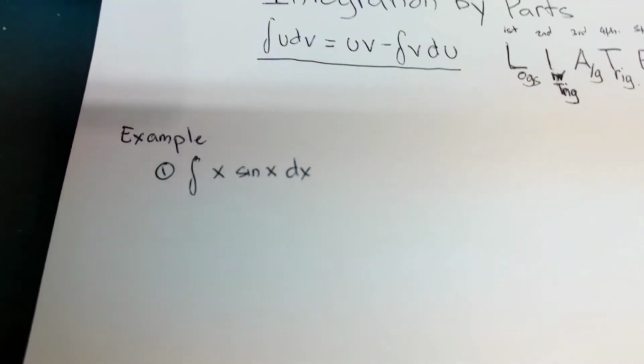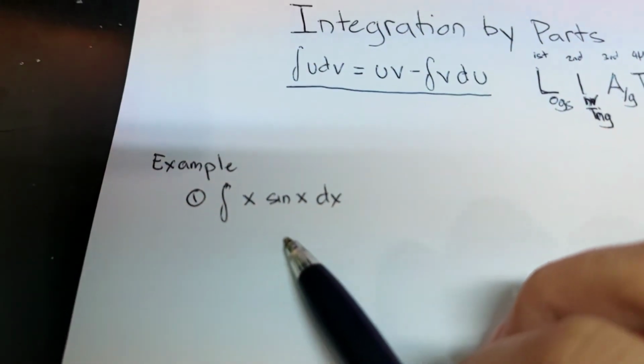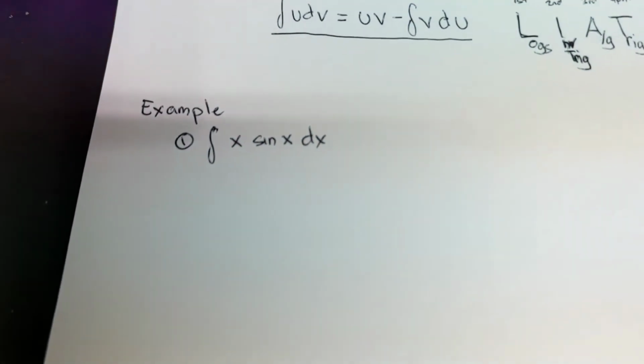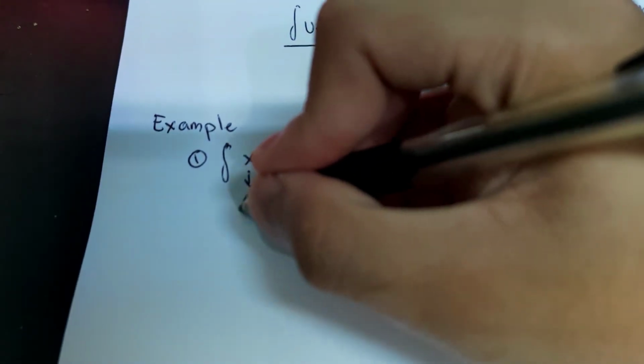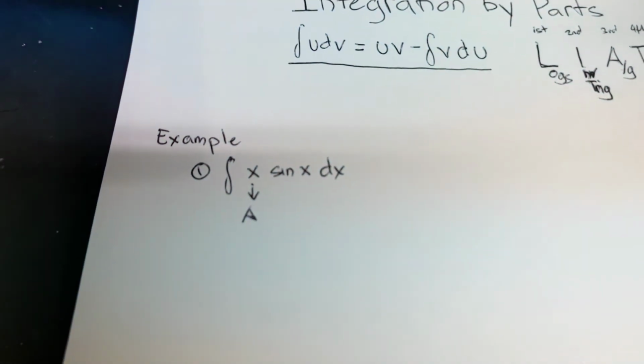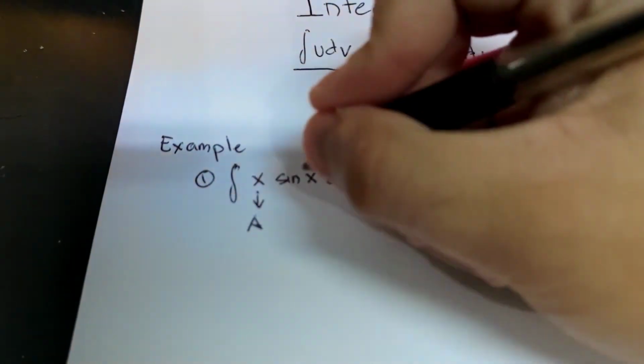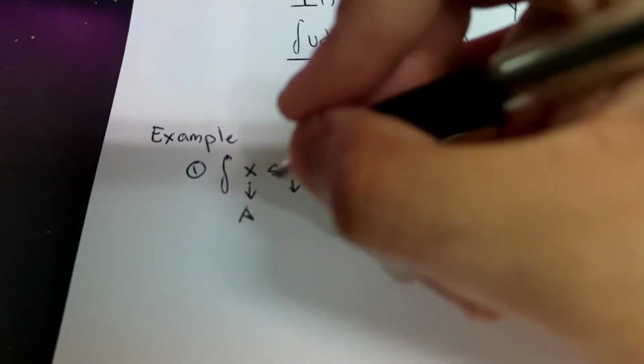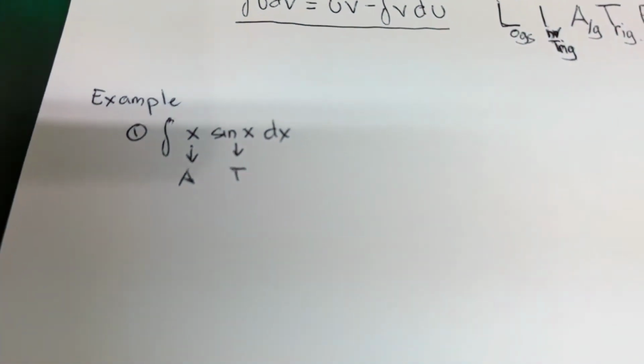So here we have an example: the integral of x sine x dx. Here x is our letter A, which is algebraic, and sine x is our T, which is trigonometric.